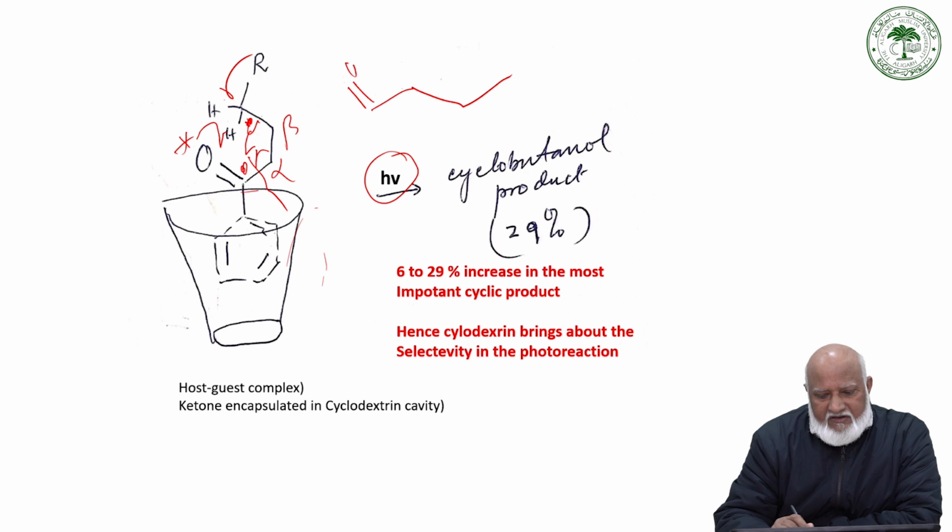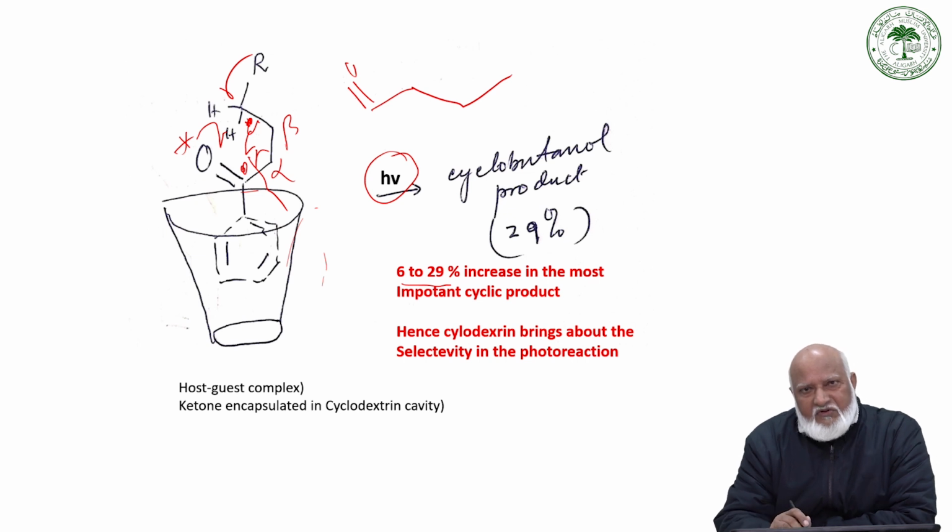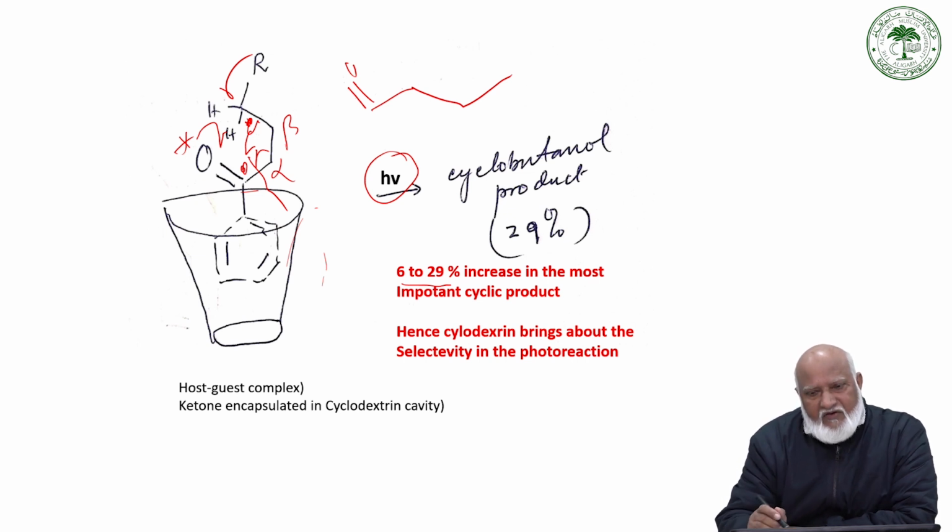The yield from normal solution phase photochemistry has increased to 29% when it is irradiated by forming the host-guest complex, where the molecule goes inside the cavity. After that, workup can be done by dissolving in water, where the precipitate gets dissolved, and extracting with organic solvent, and then we can recover the cyclobutanol product.